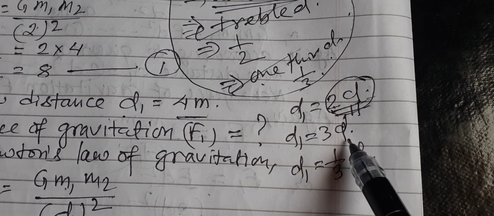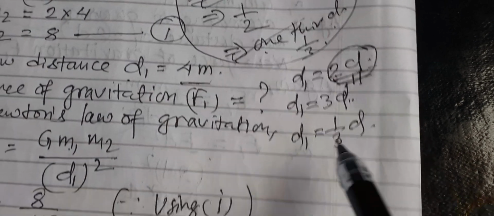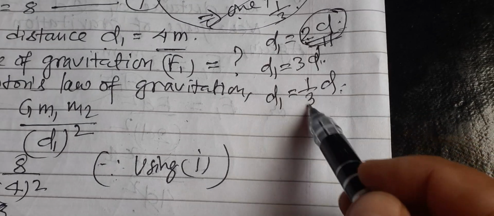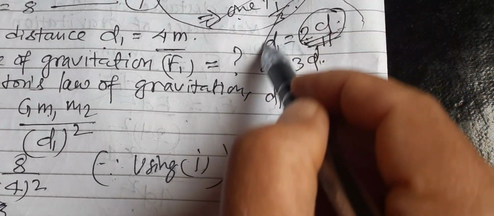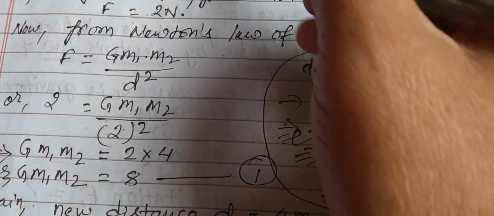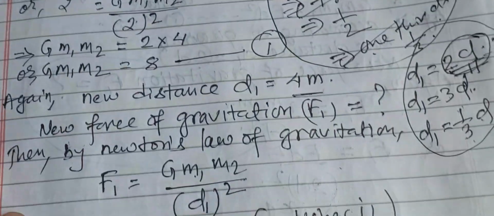If it is treble or 3 times of the distance change, then 3d. And if the distance is 1/3 of the original distance, then we write 1/3 times d. So always using this, we can find the change in gravitational force in this way.